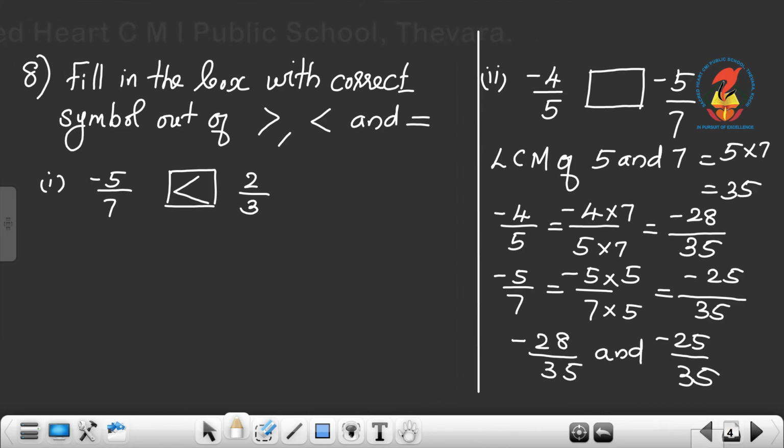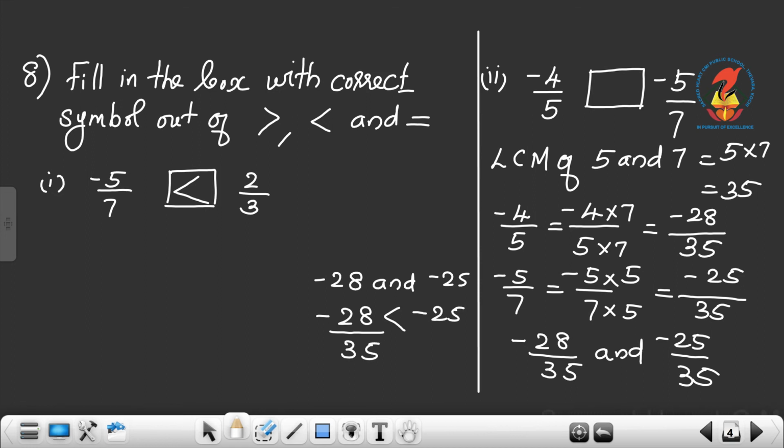So here the denominators are same. So look at the numerators, negative 28 and negative 25. Which one is bigger? Negative 25. Okay, so negative 28 is less than negative 25. That means negative 28 by 35 is less than negative 25 by 35.